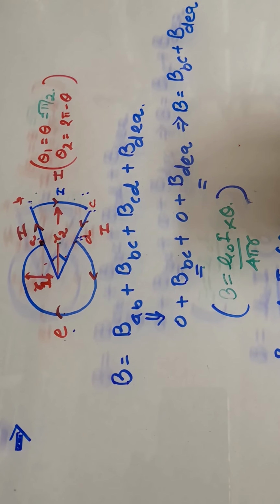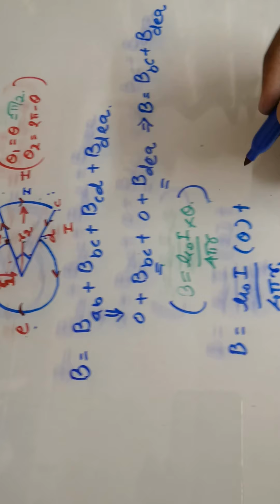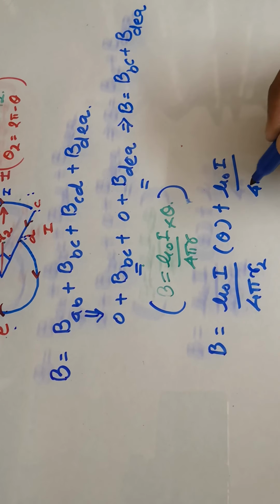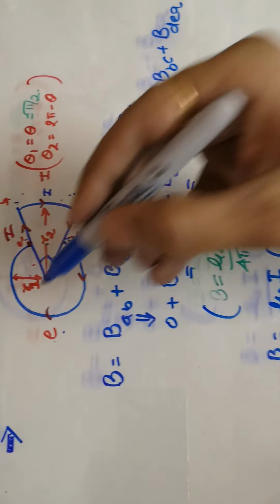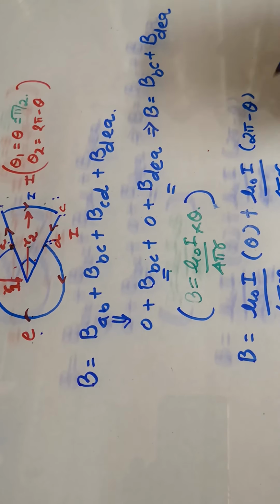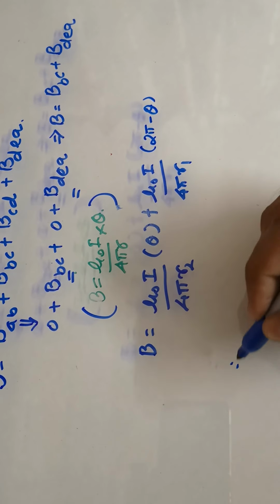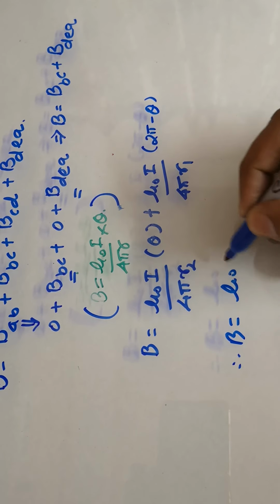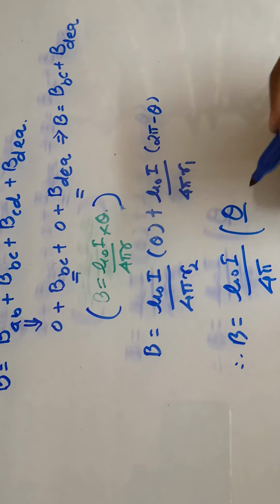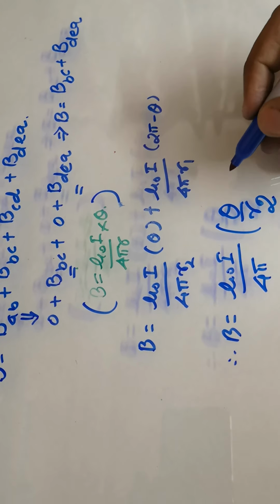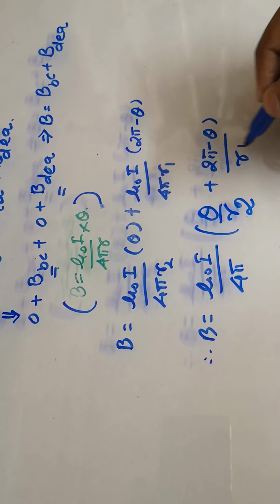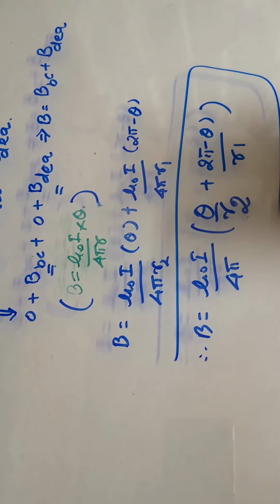My theta, I am first putting theta, then I have mu 0, current's value, 4 pi r, and its radius is r1, and I am putting 2 pi minus theta. Now bringing out the common part, I have mu 0 I divided by 4 pi, times theta divided by r2 plus 2 pi minus theta divided by r1. So this is the value.